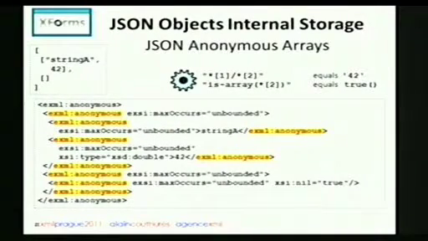Whenever you want to access an anonymous element, just use the star in the XPath expression. So to get 42, you have to use star square bracket 1 slash star square bracket 2.